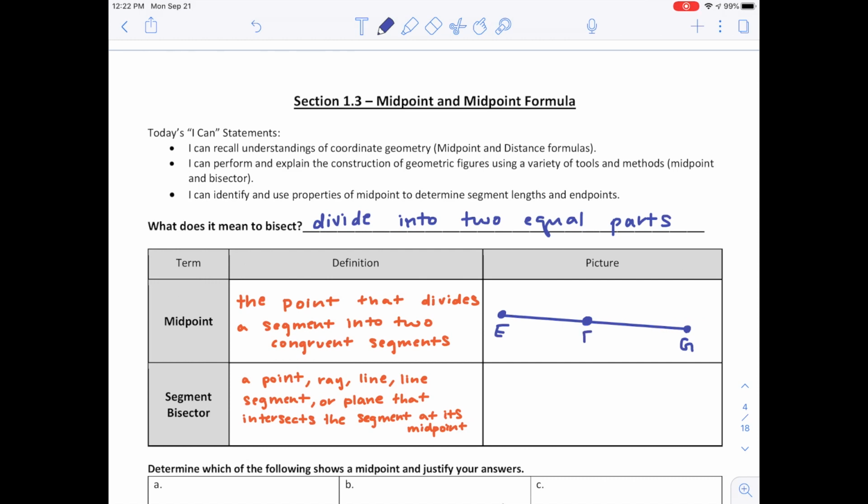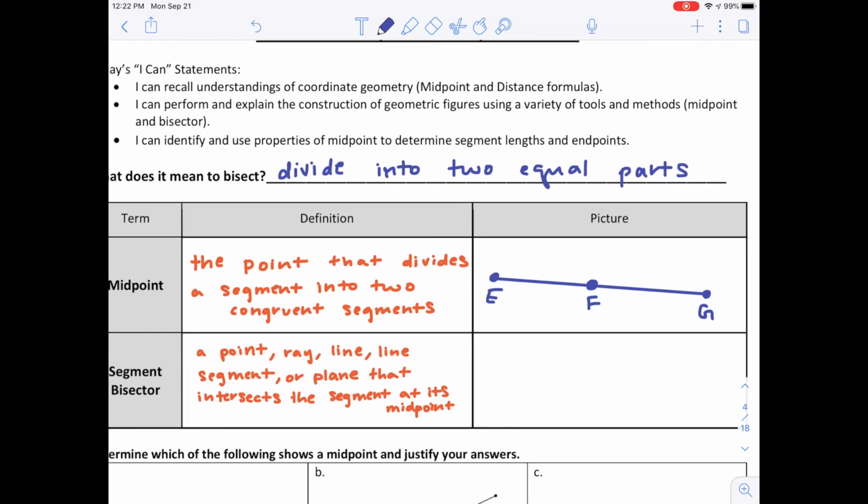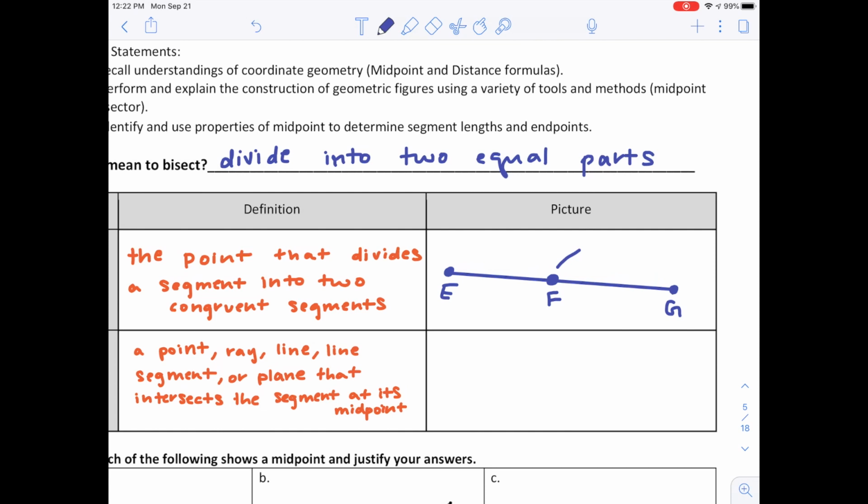I could call that F. And in this example, F is going to be the midpoint. F is the midpoint because the distance from E to F is the same as the distance from F to G. So if these are the same length, which is what those little dashes mean, that would mean that F is the midpoint.